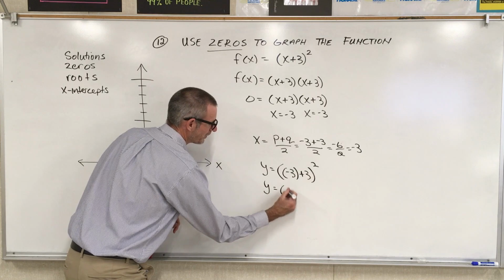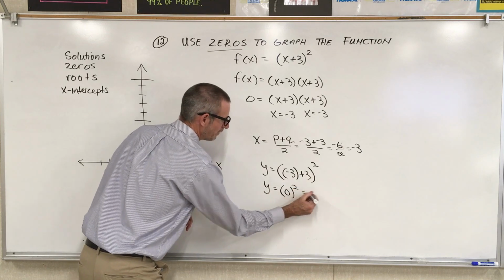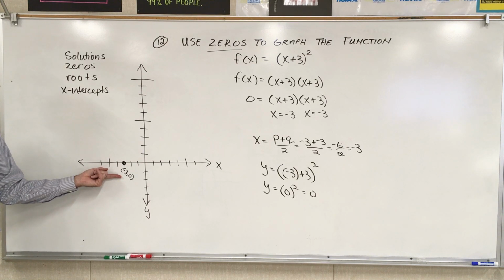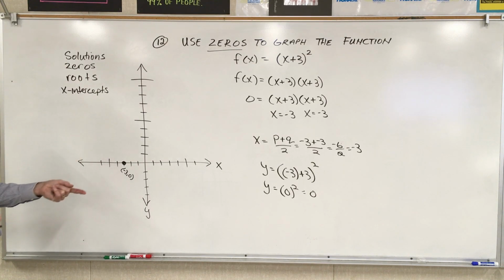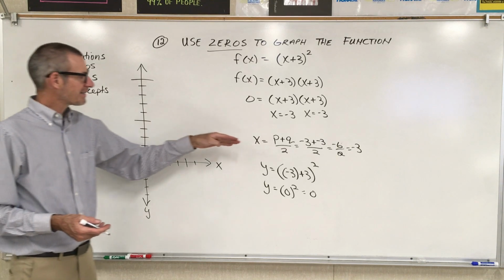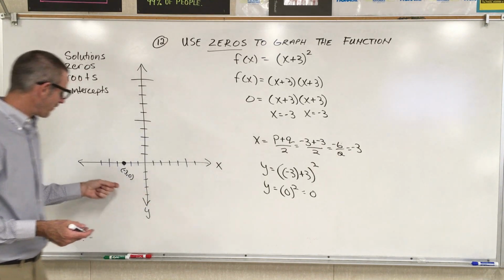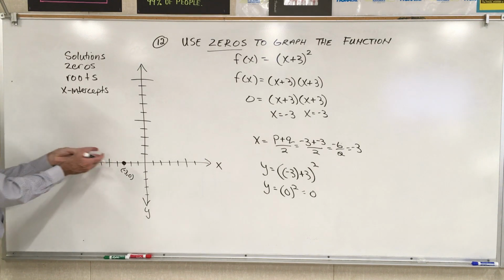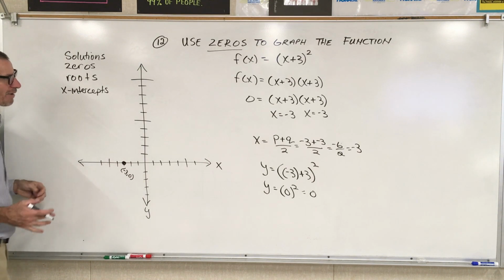So y equals 0 squared, which is 0. So my vertex is -3, 0. And that's the only place where my parabola is going to touch the x-axis. So my x-intercepts and my vertex are the exact same thing on this problem. So I only have one point. I can't make a graph yet.